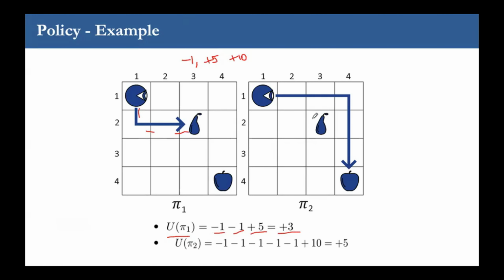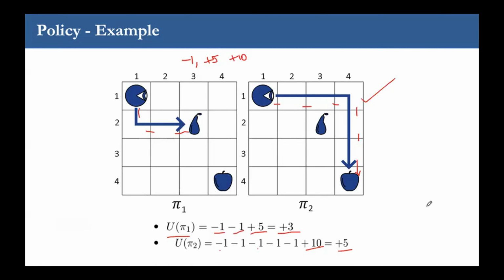Similarly, for the second policy, it's -1, then it is a downward, it is -1, and here it is reaching an apple, so it is +10. You can see -1, +10. So when we add all these together, we get +5. So which policy is the best policy? The second policy is the best policy.